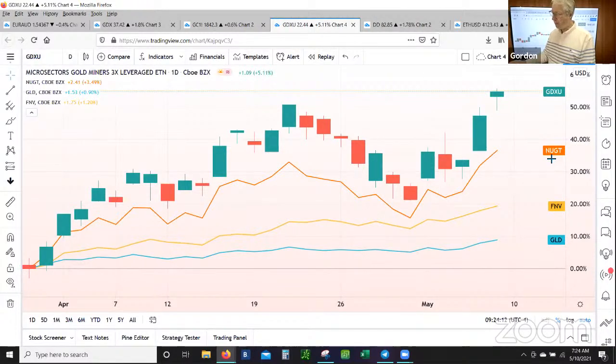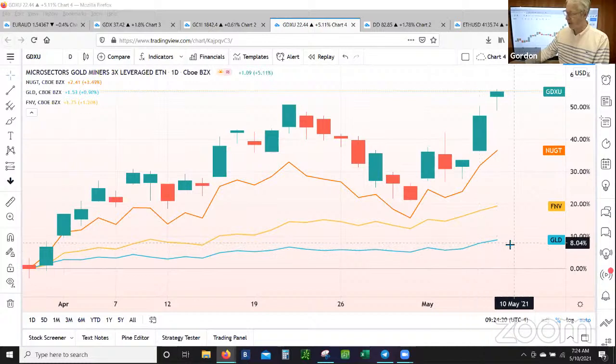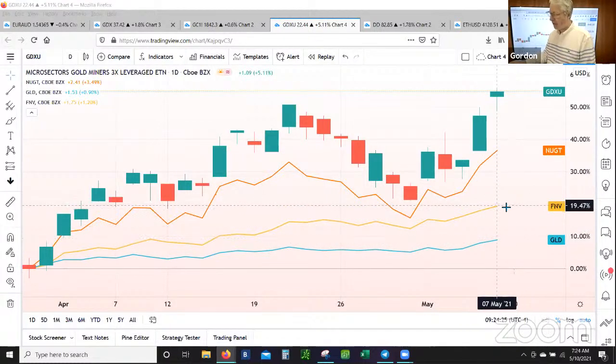These are all three gold related trades. The bottom one, the blue one, is GLD, the ETF that tracks the price of gold. FNV is Franco Nevada, one of the top three high capitalized gold mining stocks, and FNV is doing the best. So if you like gold miners, there.